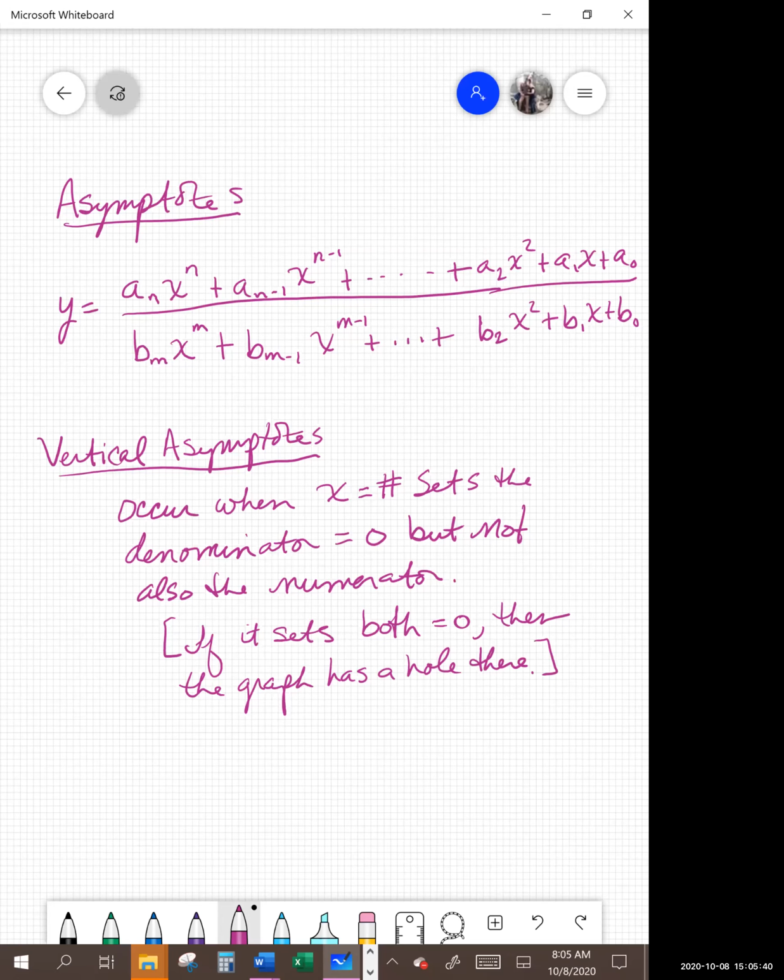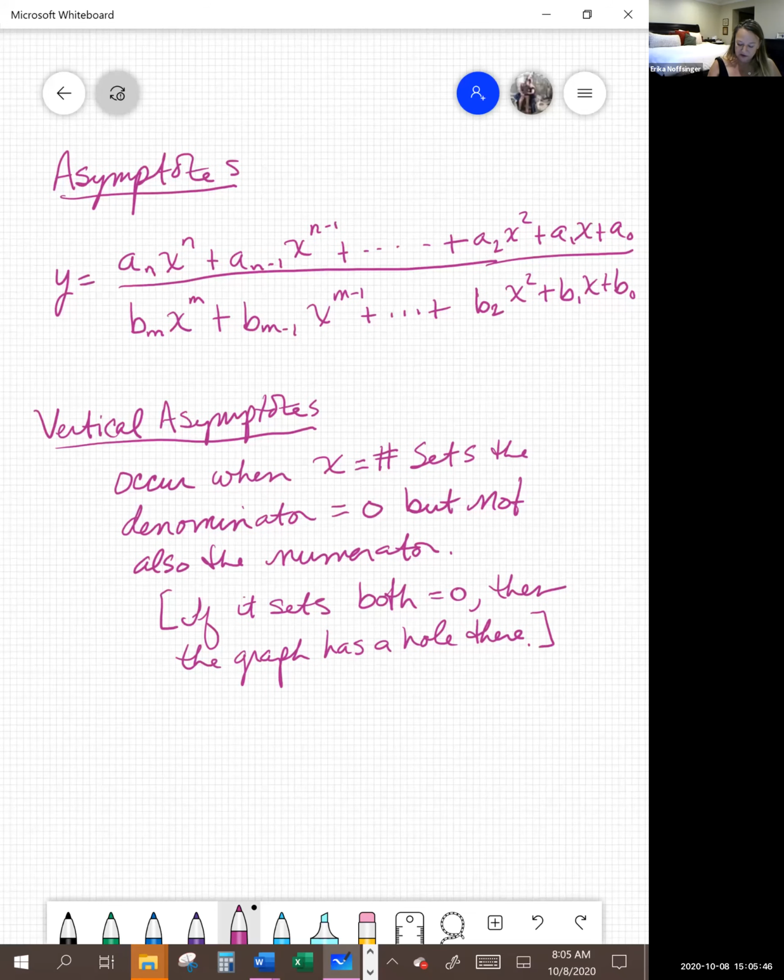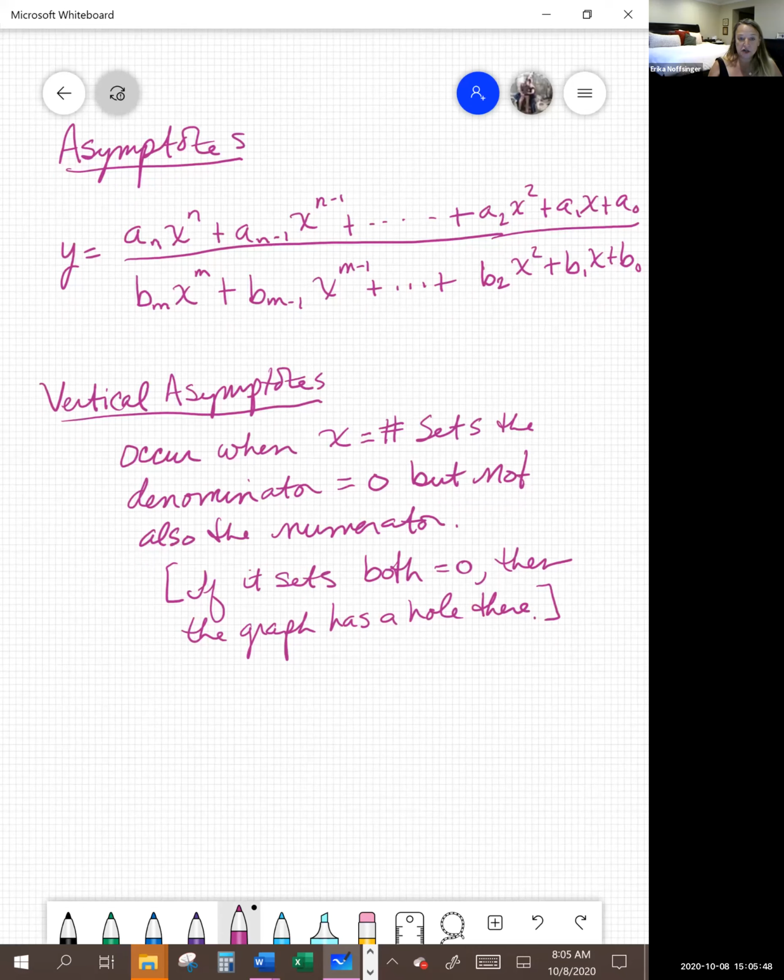Again, if they set them both equal to 0, we had a hole in the graph. So horizontal asymptotes, that had to do with the degree of the numerator and the degree of the denominator. And there were 3 different possibilities that could happen.